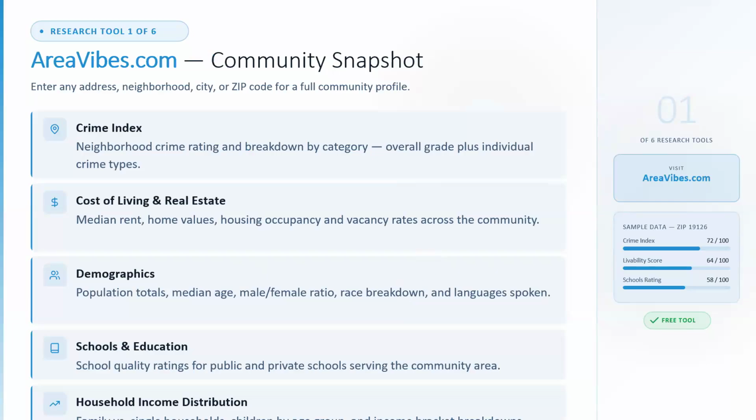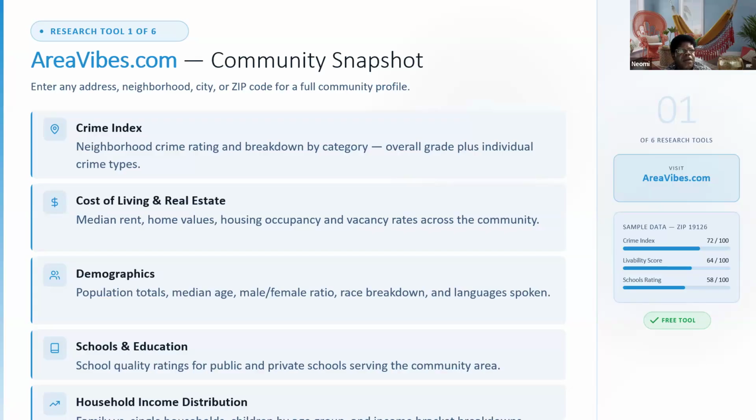Okay, read this for me. Crime index. It's the areavibes.com community snapshot. Crime index: neighborhood crime rating and breakdown by category, overall grade plus individual crime types. Cost of living and real estate: median rent, home value, housing occupancy and vacancy rate across the community.